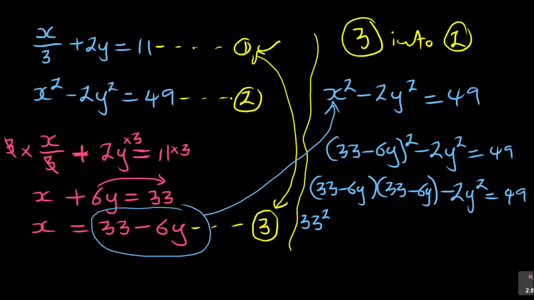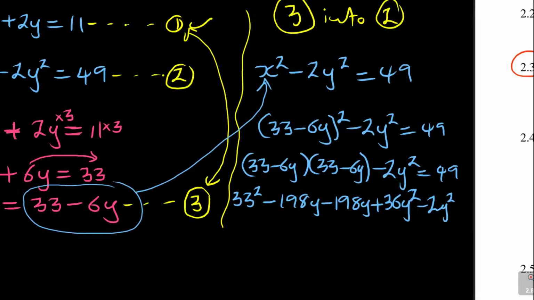So 33 times negative 6y is negative 198y. Negative 6y times 33 again is negative 198y. Negative 6 times negative 6 is plus 36y squared, minus 2y squared, equal to 49.